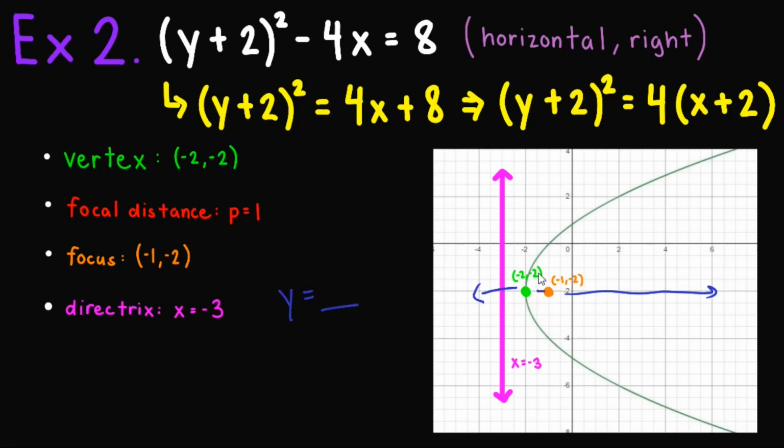The y component out here is negative 2 and negative 2. So for this line to pass through the vertex and the focus, the value must be equal to negative 2. So we have y equals negative 2 to be the major axis for this parabola.